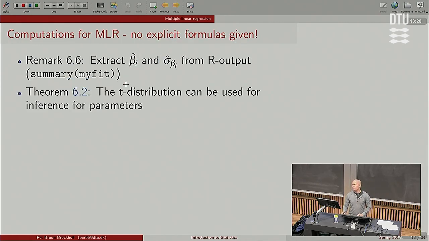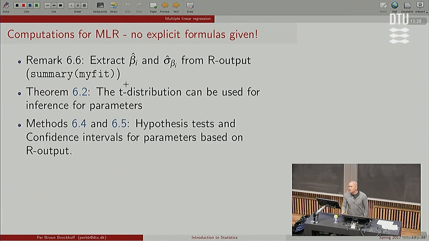Then we have a theorem that is a copy of a theorem from last week telling us that we can do statistical analysis, called statistical inference, about those parameters in the same way as we did last week, based on t-distributions. Then there are the methods that tell us how to do hypothesis testing and confidence intervals for the coefficients.